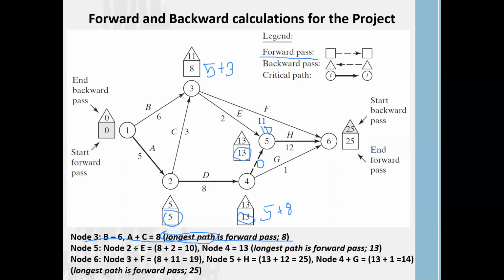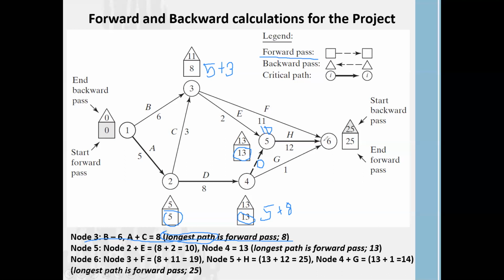You can see that node 2 plus activity E is 10. But 10 is lesser than 13. So we identify the longest path as the forward pass. Therefore, 13 will become the forward pass for node 5.